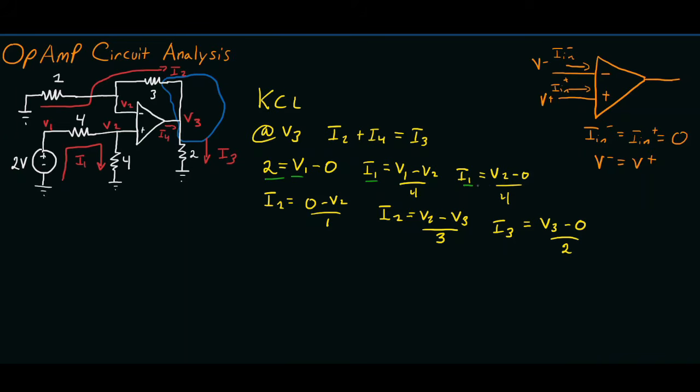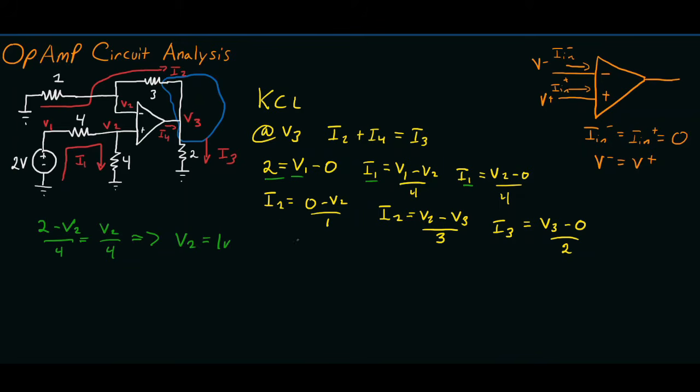So I can equate those together and plug in my value of V1. And what that is going to look like is (2 minus V2) divided by 4 is equal to V2 divided by 4. Now solving this, we get that V2 is equal to 1 volt.